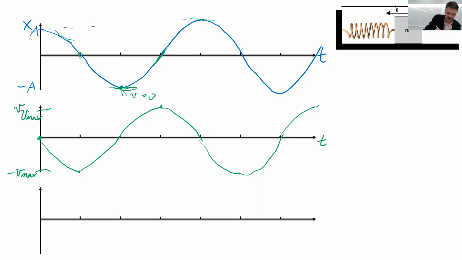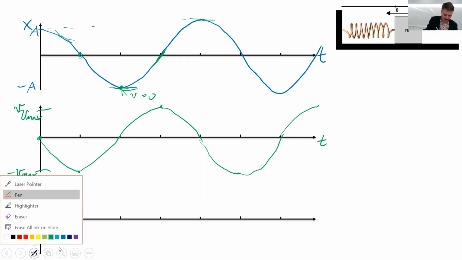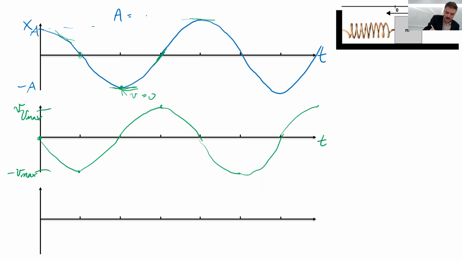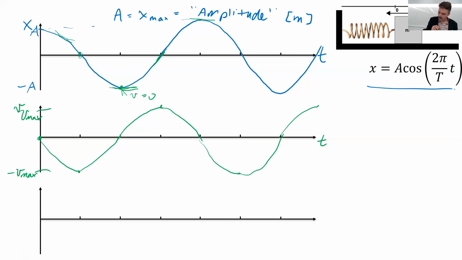A is equal to the maximum x value away from equilibrium. So A equals x max. It's called the amplitude, in meters. And remember, that's the equation right there that we're graphing.